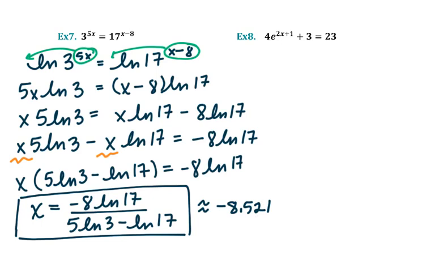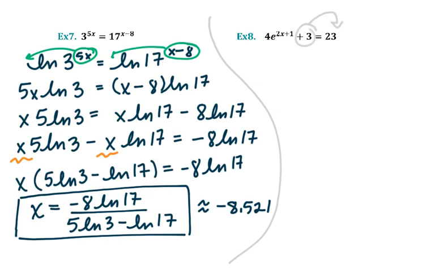All right, we have one last problem here to solve. Example 8. I'm having a hard time drawing this line. There we go. So example 8 is an exponential equation. We need to do some rearranging first. The first thing I'm going to do is subtract 3 from both sides. I have 4e to the 2x plus 1 plus 3 equals 23.